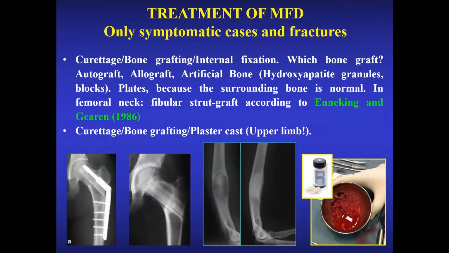The treatment of choice in symptomatic monostotic fibrous dysplasia is curettage and bone grafting associated either with internal fixation or with plaster cast according to its localization.